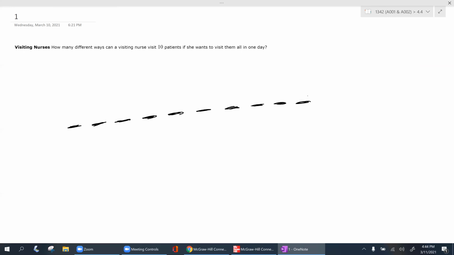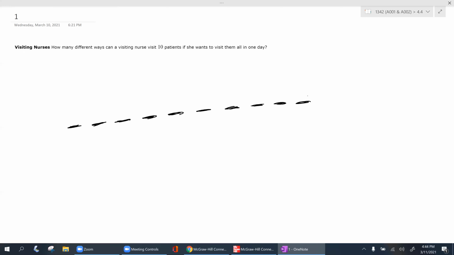It doesn't say repetition is allowed, because her focus is only visiting a patient. As long as she visits all of them, that's great. There's no repetition involved.